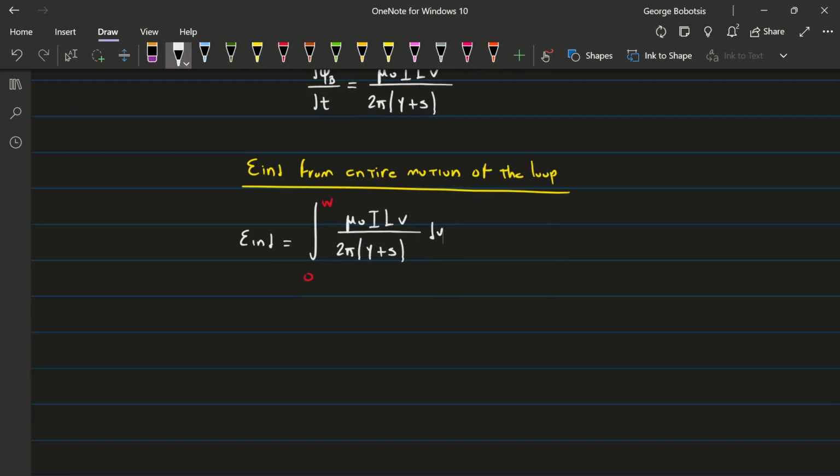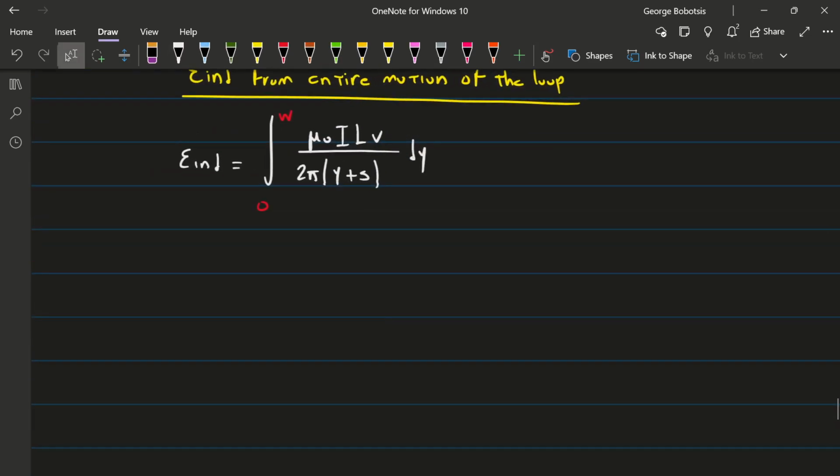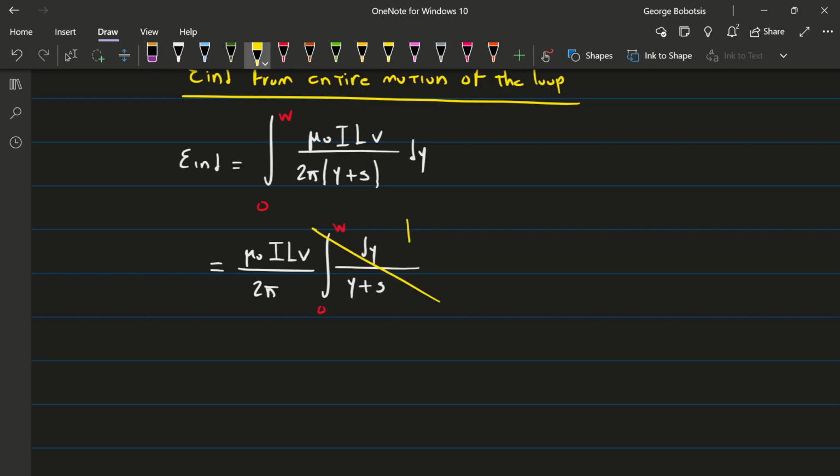And of course, I can see how that will evolve. You have mu naught I L v popping out of that integral except the y plus s at the bottom. So you're just integrating 1 over y plus s from 0 to w. But you know what? That actually is a very popular integral. It's just ln of y plus s.